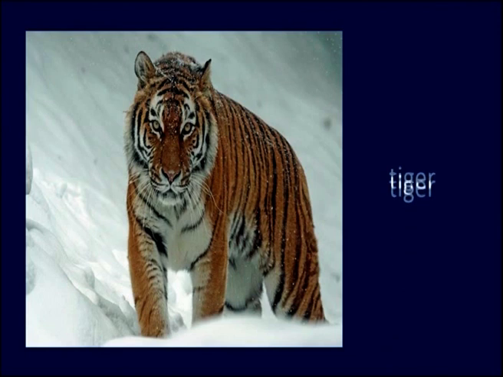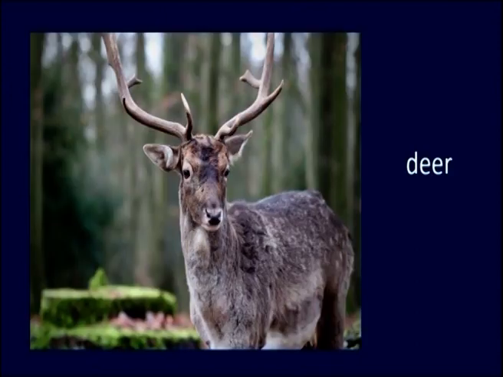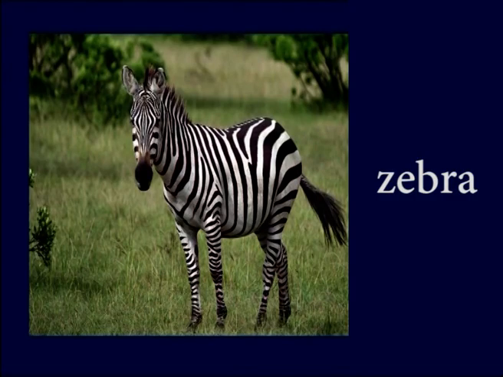Tiger. Tiger is our national animal. It hunts other animals. Giraffe. Giraffe is the tallest animal. Deer. Deer runs and jumps quickly. It lives in the forest. Zebra. Zebra has black and white stripes on its body.